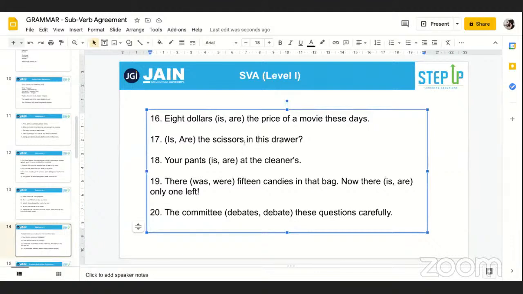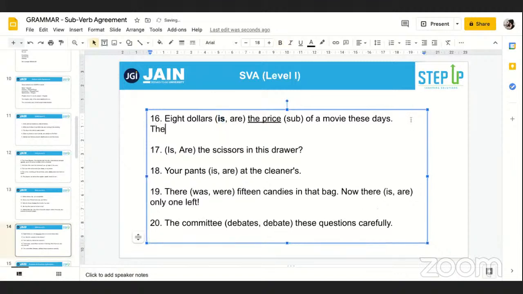Okay, sir. I think it's $8 because the $8 are being put as one unit, just like you said. So $8 would be singular. Sorry, it's price. Subject is the price. Does this make sense? Yes, sir, it's clear. Not every time when you get a subject in the beginning, you have to identify the subject. The price is $8, correct? Yes, sir.